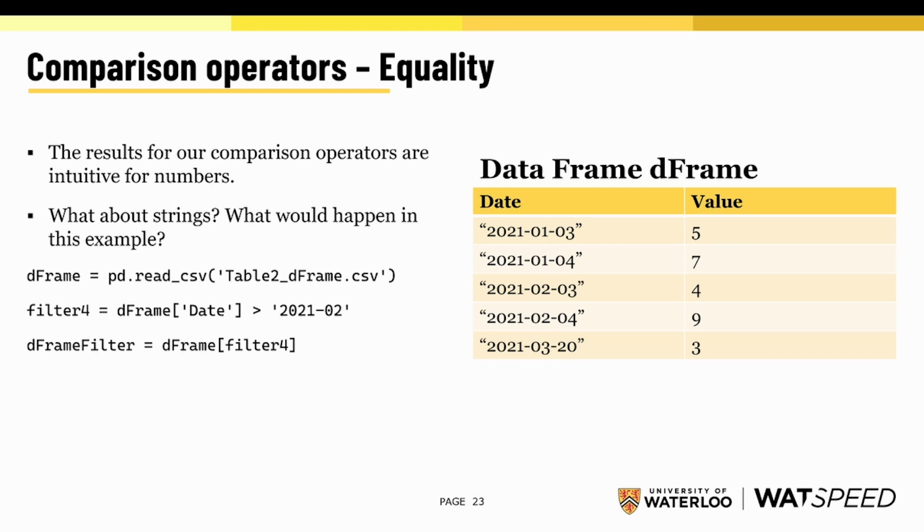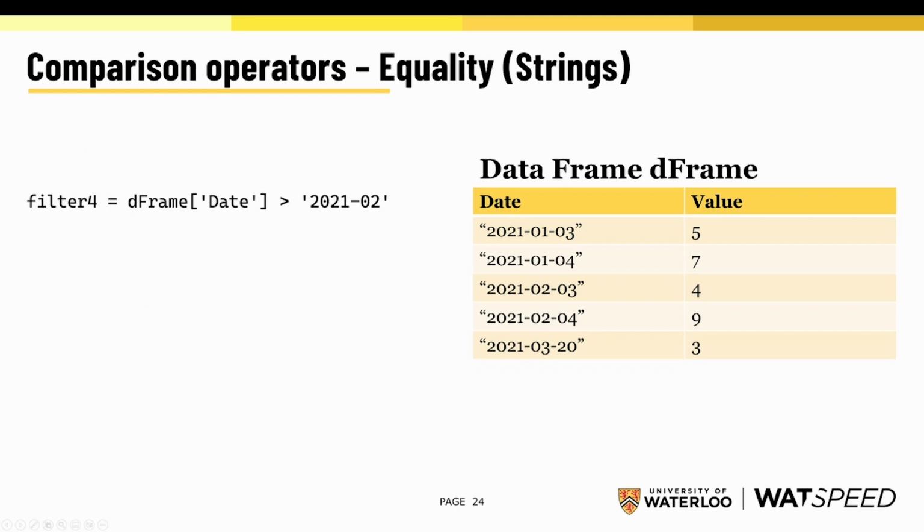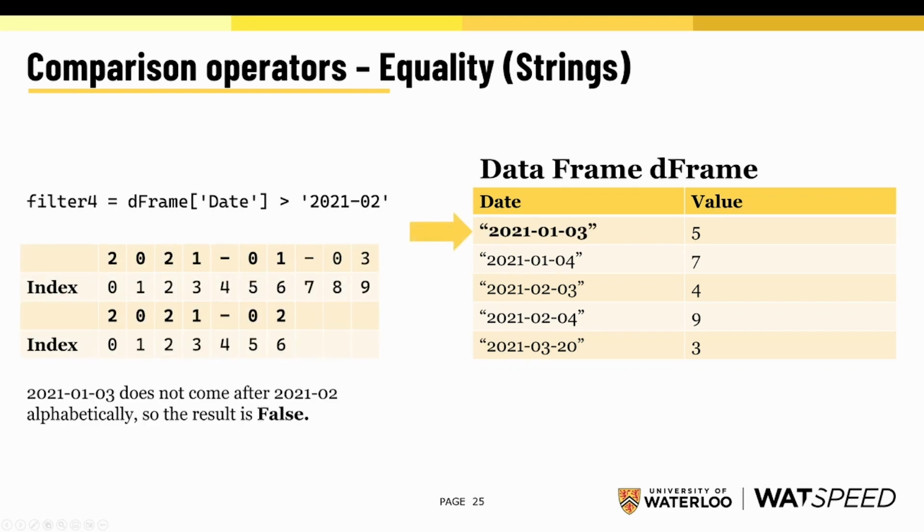Imagine you were ordering these strings in a dictionary. What we're asking is, does the string in our data frame come after 2021-02 if we were to list them alphabetically? For the first row, we're asking, does the string 2021-01-03 come after the string 2021-02?